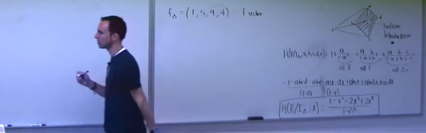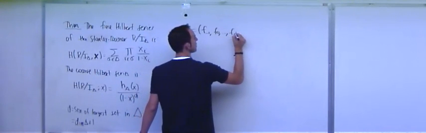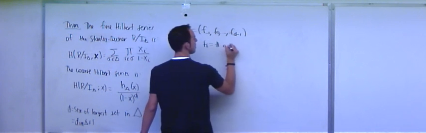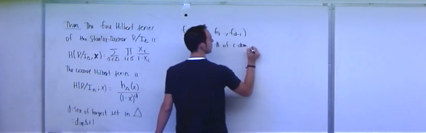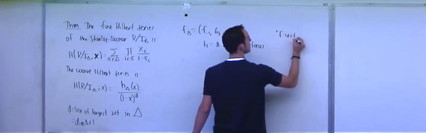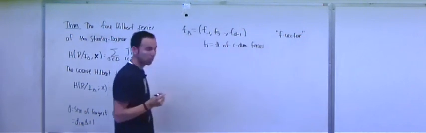And so just to remind you how that goes, in general, I said that the f vector is f minus 1, f0, up to f d minus 1, where fi is the number of i-dimensional faces. I call this the f vector. Okay.